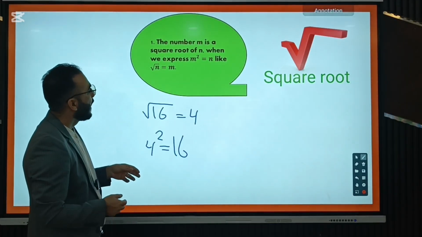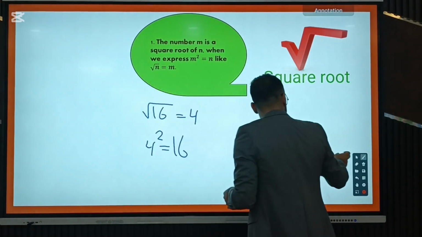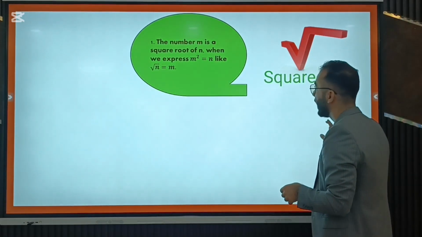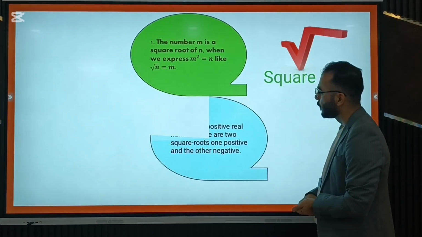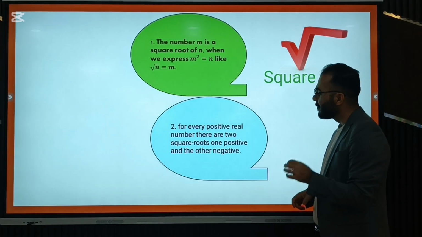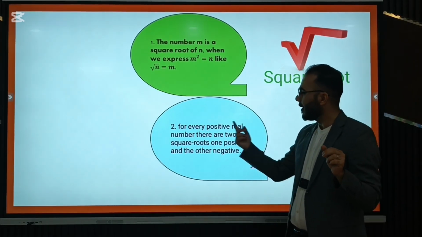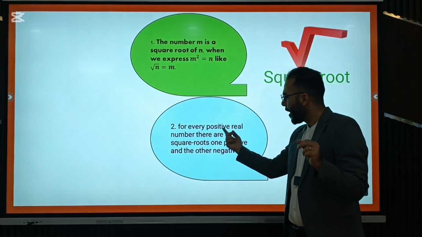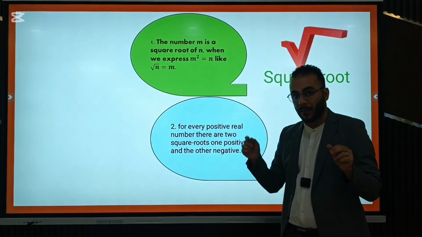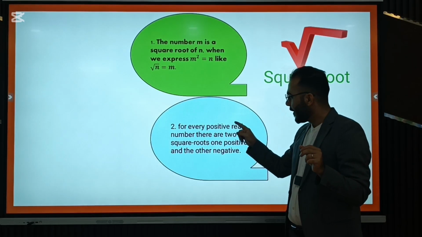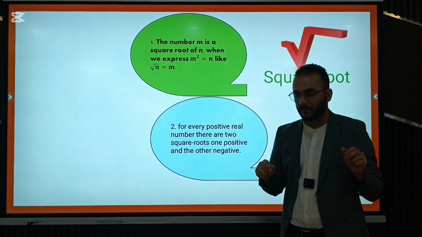Okay? And the next thing that we need to know, I'm going to repeat it: for every positive real number, there are 2 square roots.